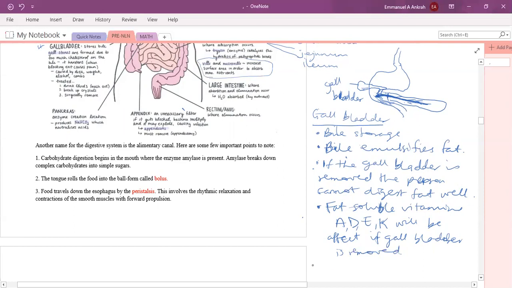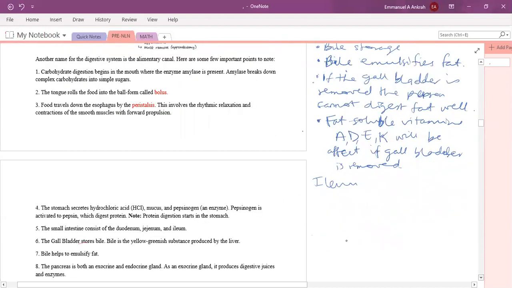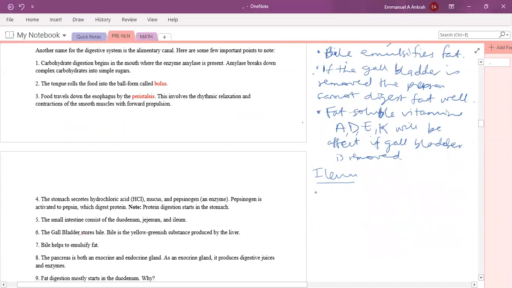Okay. So in the ileum, remember villi, very important. If you forget everything at all, remember villi present. Singular is villus, right? Villus singular.